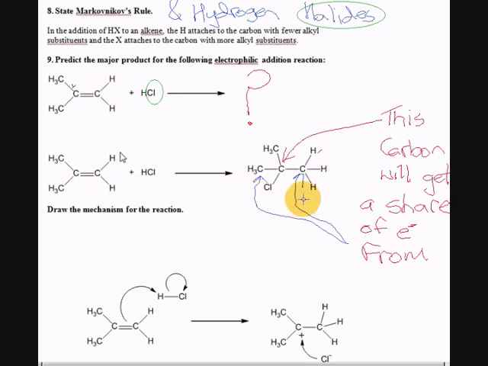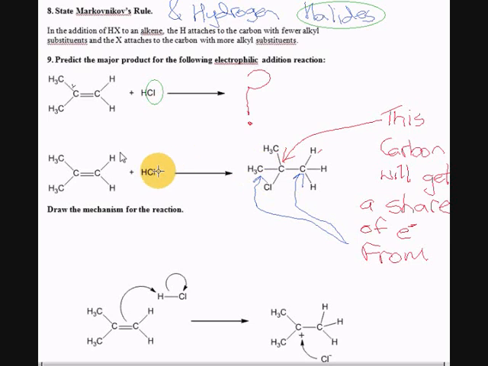Let me preface it to say as well that you can see here's the product. The hydrogen from over here has indeed bonded with the carbon that had the most hydrogens present, and the chlorine has attached to the other carbon.